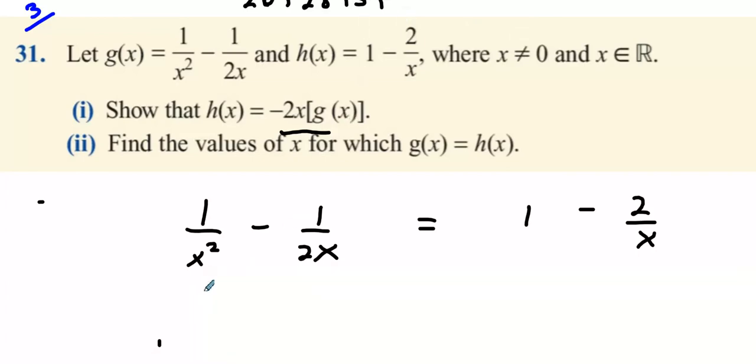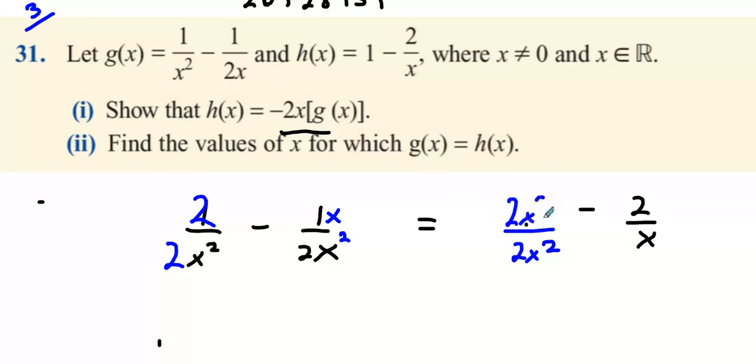So what does the x squared not have? Hasn't got a 2. Put it on top. What does the 2x squared, or sorry, what does the 2x not have? It needs another x, doesn't it? So we put another x on top. What does the 1 not have? 2x squared. So we put 2x squared top and bottom.